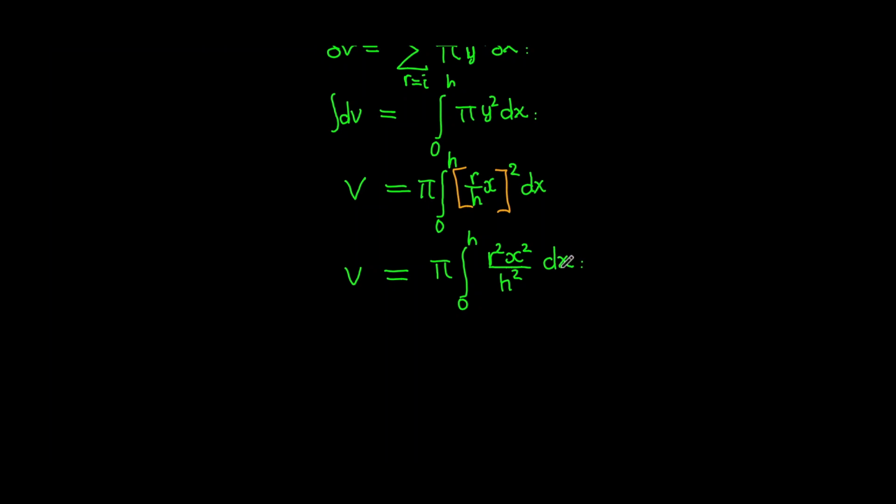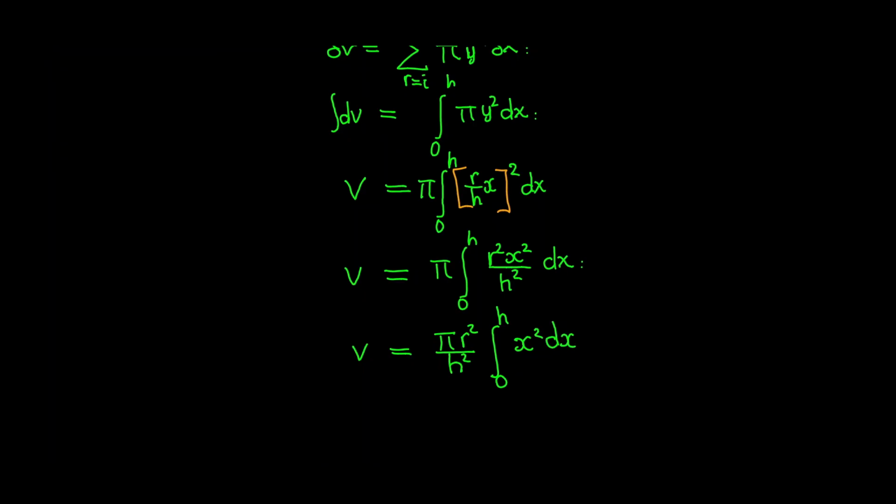Since the integration is with respect to x, then r squared and h squared are constants. We can pull them out to join this constant here, and we have V equals pi r squared over h squared, integral from 0 up to h of x squared with respect to x.